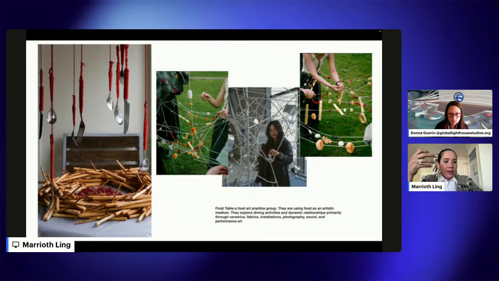These other examples are braiding with food in a park, which was a performance, and also the way that they craft these dining experiences, like in the left picture, all these forks and spoons hanging from the ceiling, and it's a little bit performative.